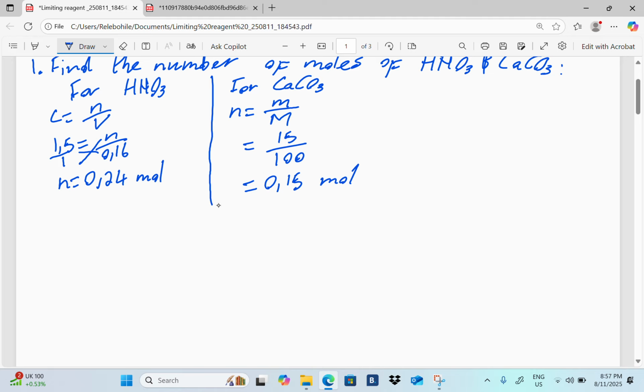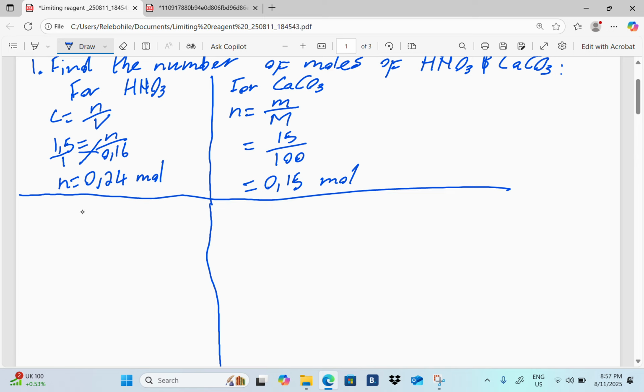The way in which I'm going to do that is to draw a column there that separates these things. So I'm going to use ratios now to find the number of moles of this substance and this one. And I will list those substances as ratios. So I'll say nitric acid is to calcium carbonate.